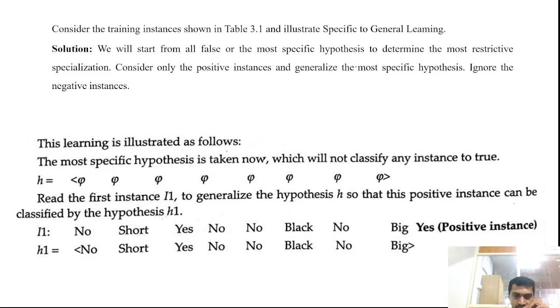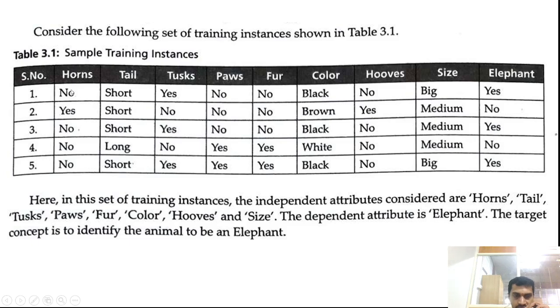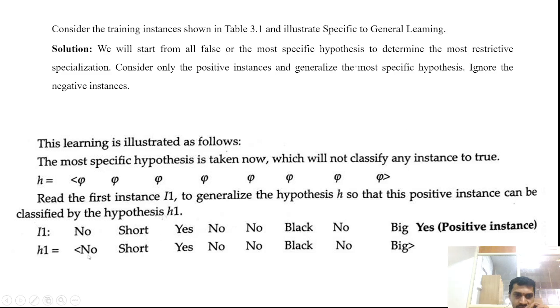All the attributes of the initialized hypothesis are defined with phi. Now iteration 1, which I am initializing with the positive instance: no short, yes, no black, no big.